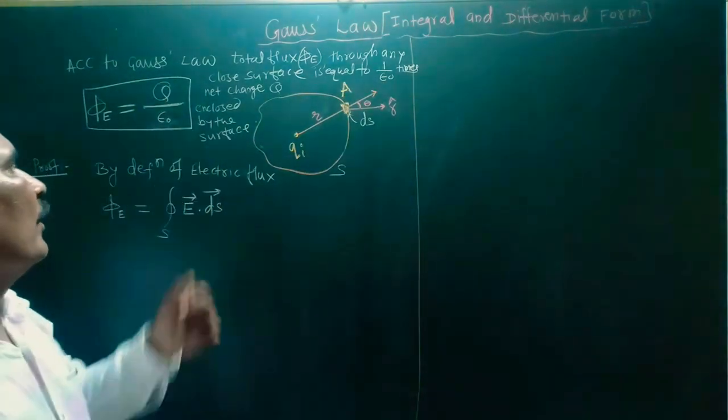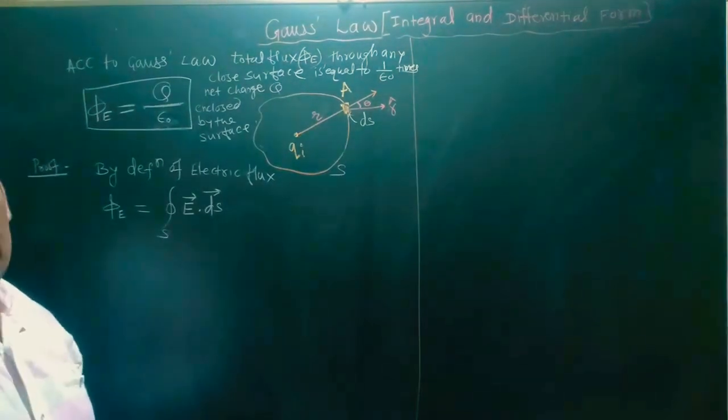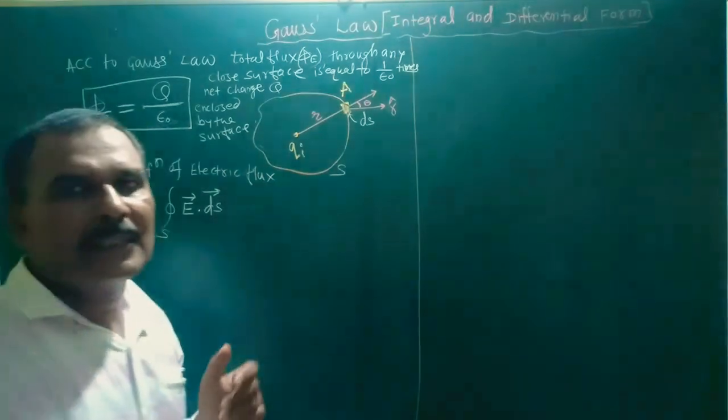By definition, electric flux is equal to the surface integration of E bar dot ds bar, as we studied in the last lecture.